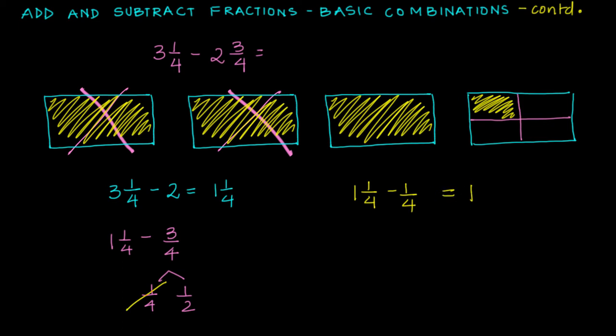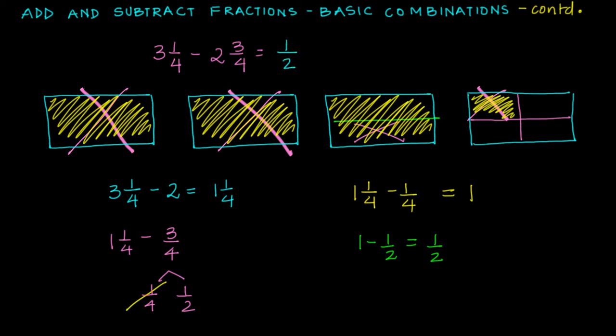So in this picture, I took away this 1/4. So I'm left with this 1 whole. Now I still have to take away this half. And let me write that. 1 minus half equals half. So in this picture, if I have this half, I'm taking away this part, and I'm left with a half. So 3 and 1/4 minus 2 and 3/4 equals half.